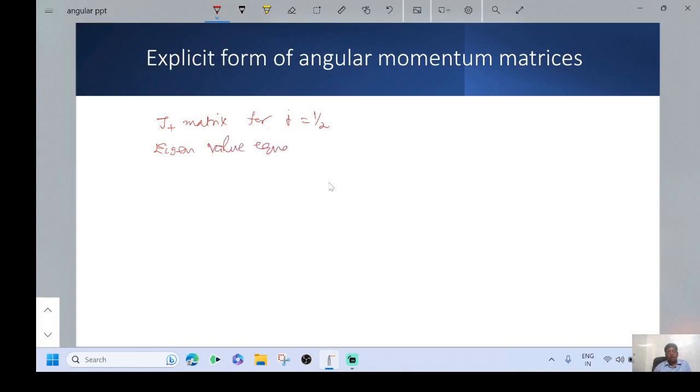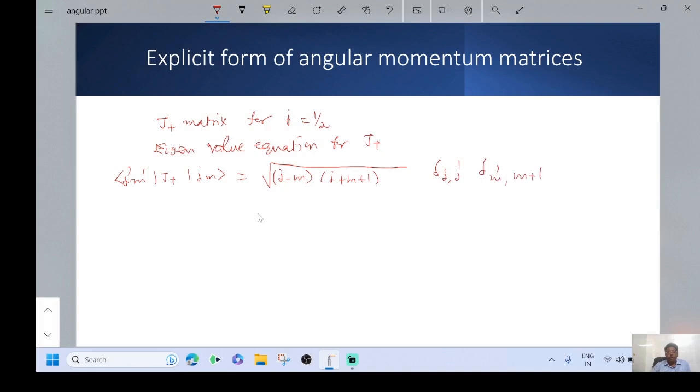Eigenvalue equation for J plus is J dash M dash J plus Jm, which is equal to root of J minus M into J plus M plus 1 del of J comma J dash del of M dash comma M plus 1.